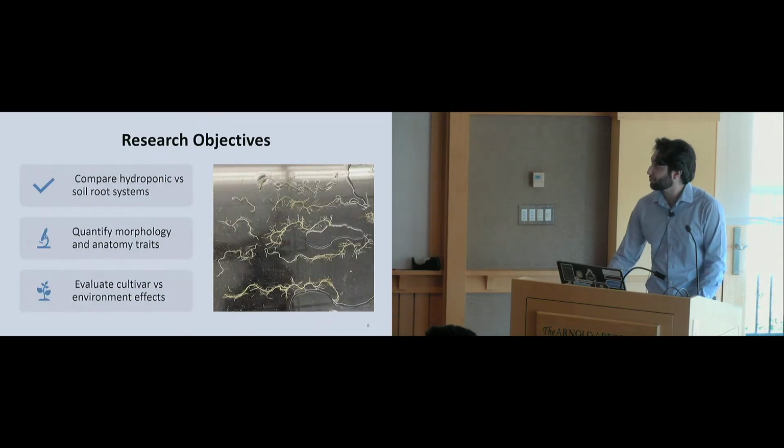So our study had 3 primary objectives. First, to quantify morphological differences between soil and hydroponic systems. Second, to evaluate morphological and anatomical traits across orders, systems, and cultivars. And third, to determine impacts of system effects versus cultivar effects. And from this, we were able to develop some hypotheses.